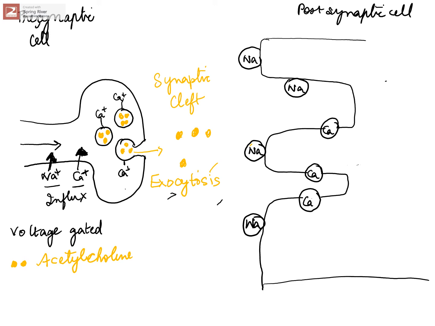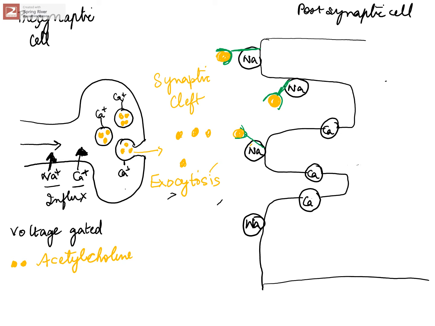These sodium channels sit very snugly with receptors for acetylcholine, and these receptors are simply called acetylcholine receptor molecules. Acetylcholine binds to the receptor on the surface of the muscle cells, and they in turn activate the sodium channels.